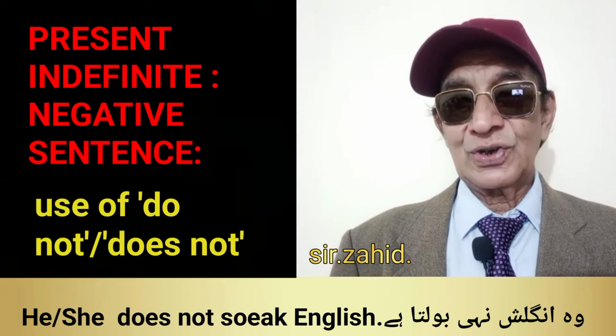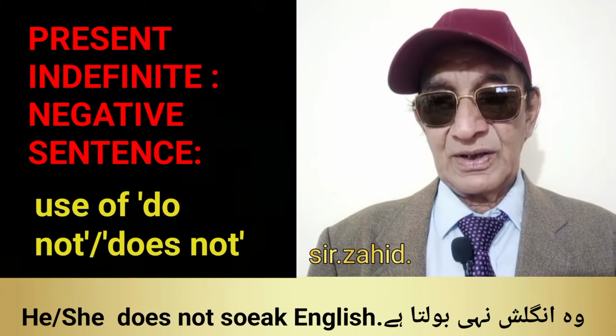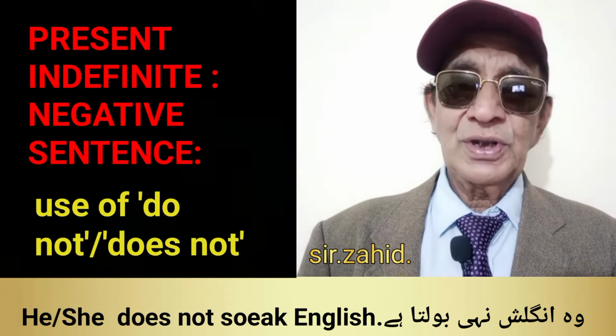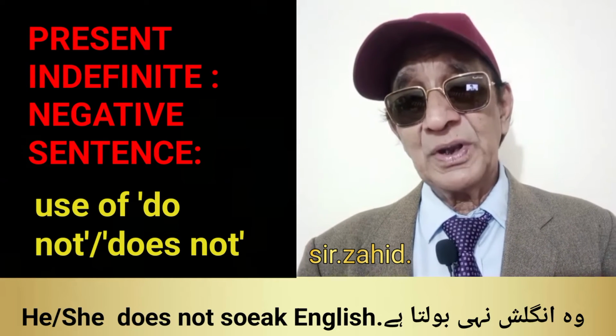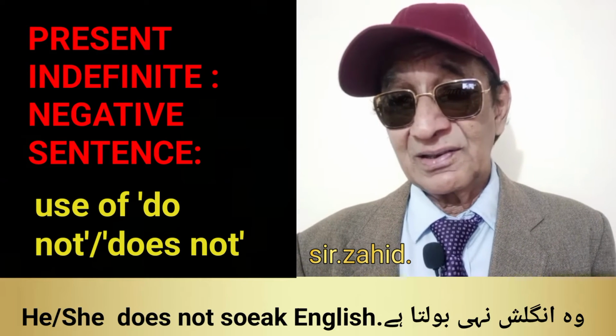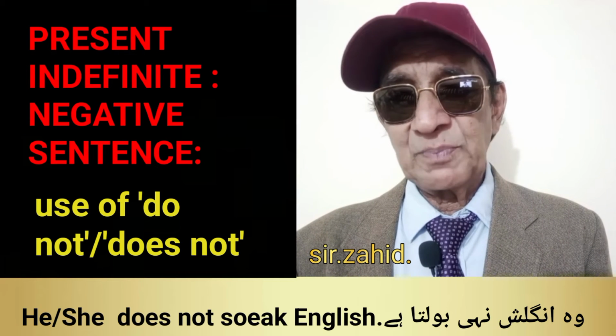He does not speak English. She doesn't speak English. I do not speak English. You do not speak English. We do not speak English. He doesn't speak English. She does not speak English.